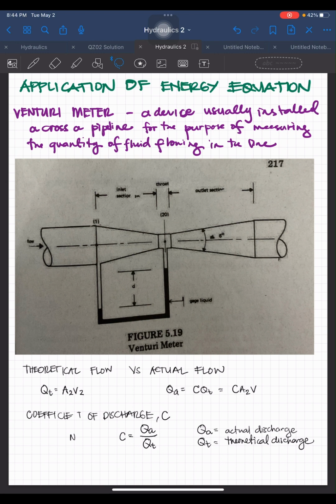So for this discussion, doon tayo mag-focus sa pag-solve gamit mainly yung Bernoulli energy equation, because sa dami ng mga formulas na pinapakita ng book, madami kayong tatandaan, no? Sa dami ng mga formulas na may encounter nyo pa, mahirap nang matandaan lahat yon.